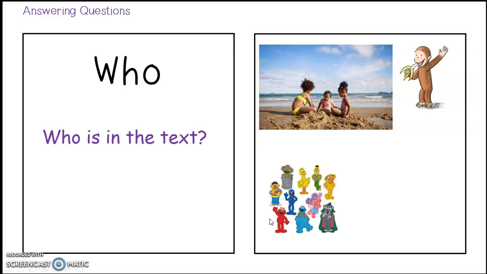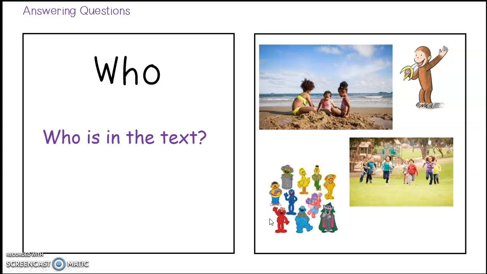There might be many characters in the text. Kids are in this picture. Kids are the who. Who is in the text? You might have character names to answer this question, such as Curious George is the character in the text.